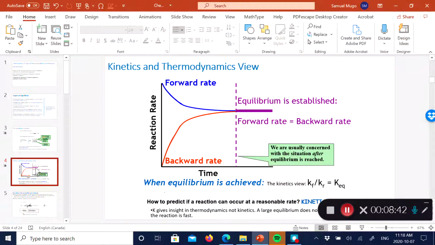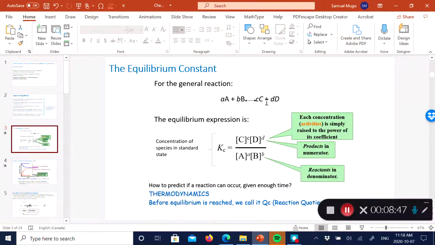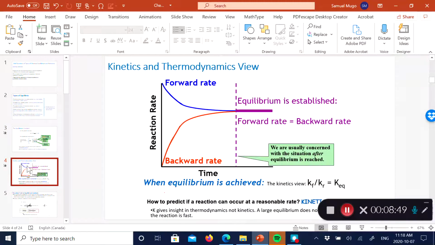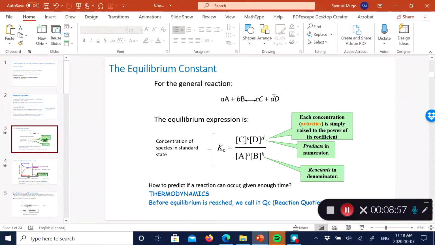Now, another important thing that I'd like to remind you is that as reactions happen, they undergo what you refer to as kinetics. Some reactions happen very, very quickly, meaning the forward reaction is very, very fast.